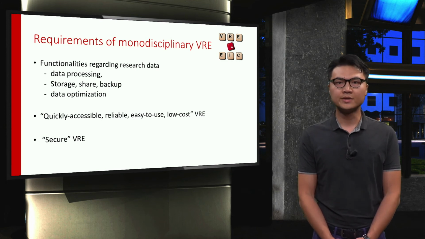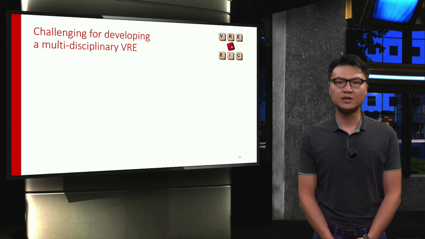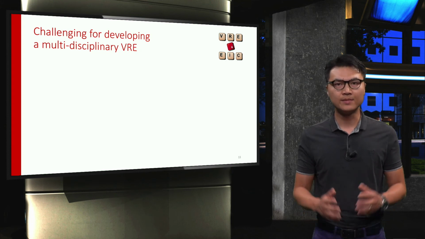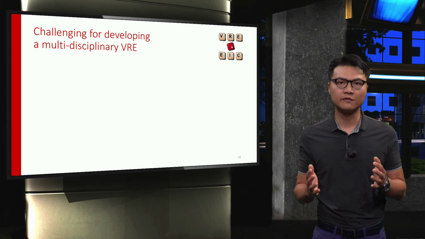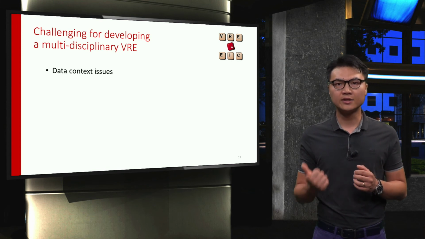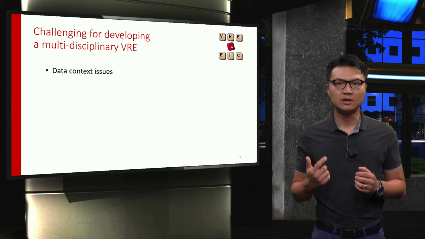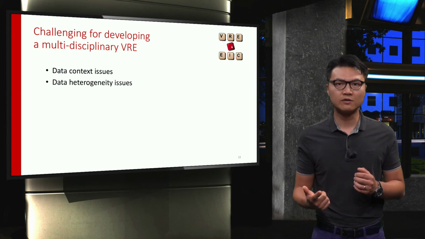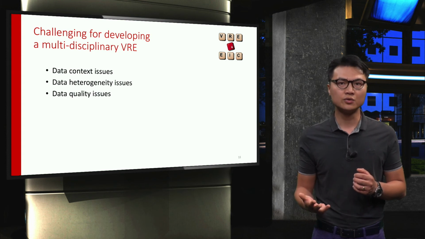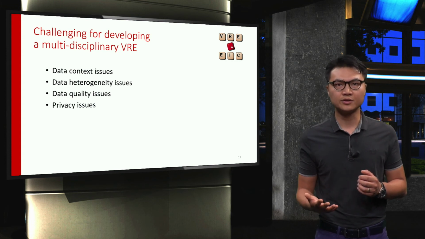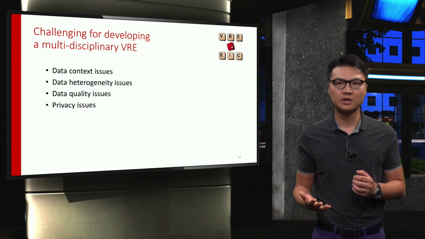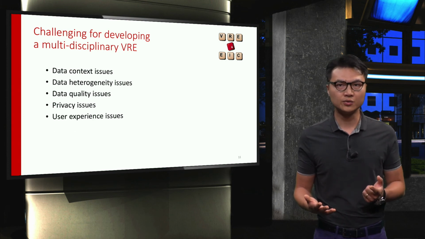Research into monodisciplinary VREs already shows that many challenges exist for the use of VRE, including understanding the creation context of research data, large amounts of data generated from various sources, data quality control issues, privacy issues, the expectation of users on the system levels, and availability of technology issues.